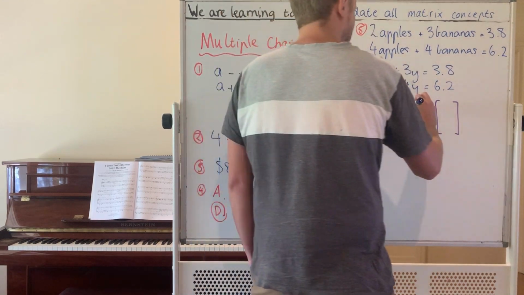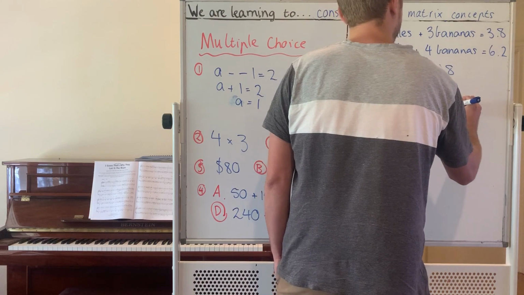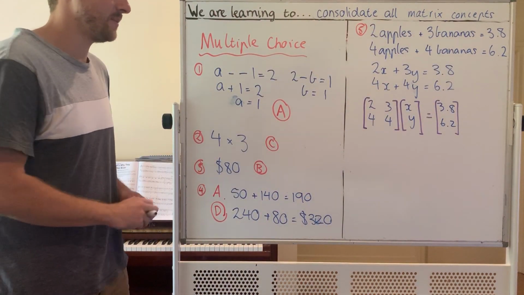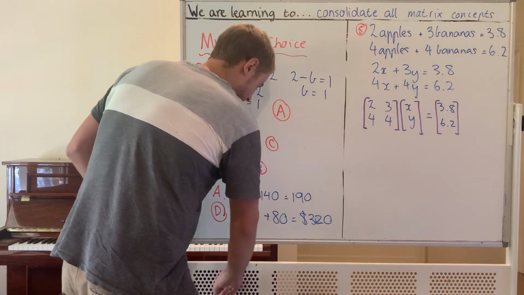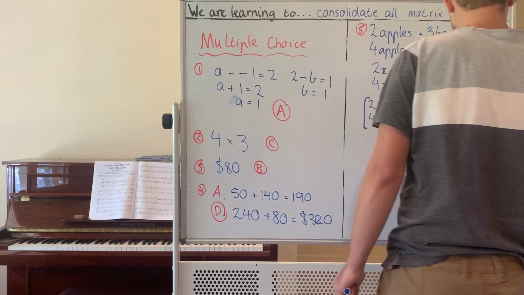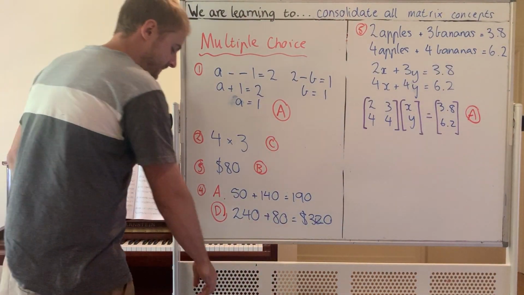The 2 variables that we want to solve for, x and y, and then the 2 answers. Alright, look through your answers, see which one matches up with that. If you go through, you'll see that it's option A. So A for question 5.